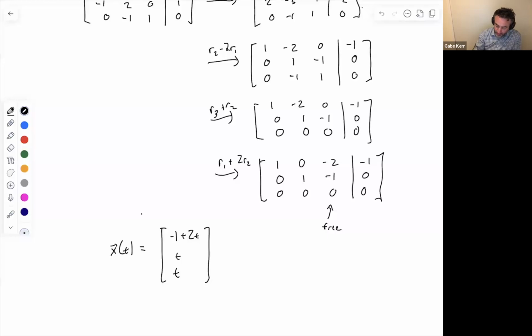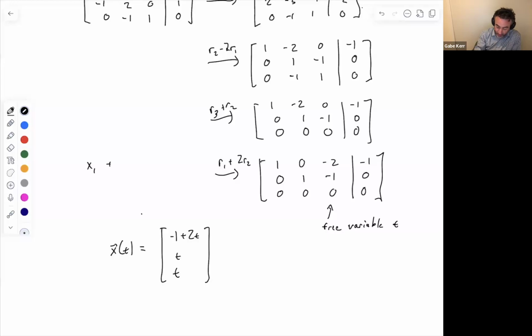Now, if you didn't see how I did that, that's okay. What you do is just put in the t, and then look at these equations. The first equation is x1 plus x, sorry. This is the free variable t, the third. I'm going to put in the free variable t anytime I have a free column.